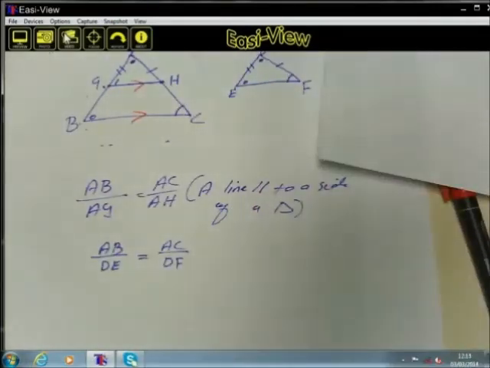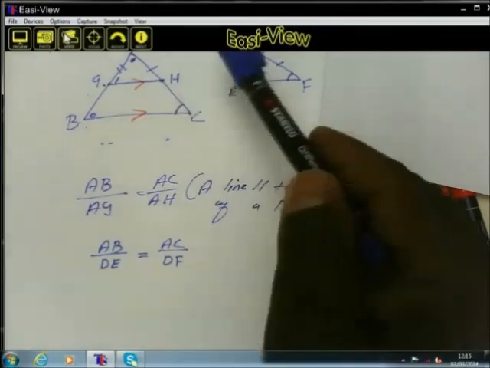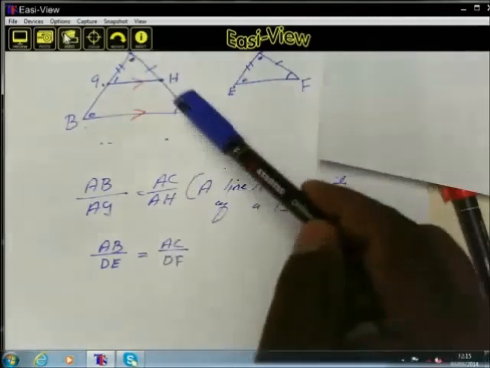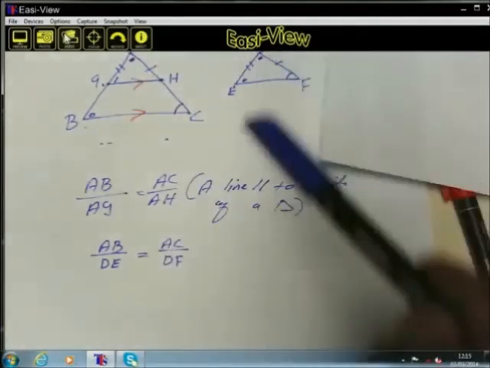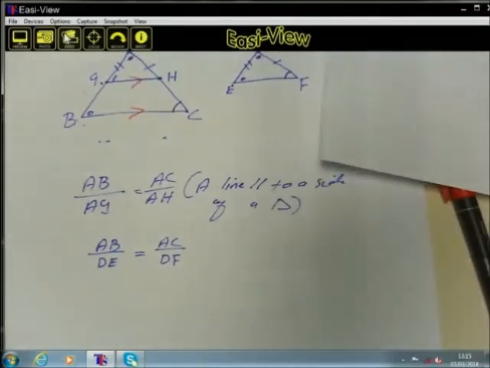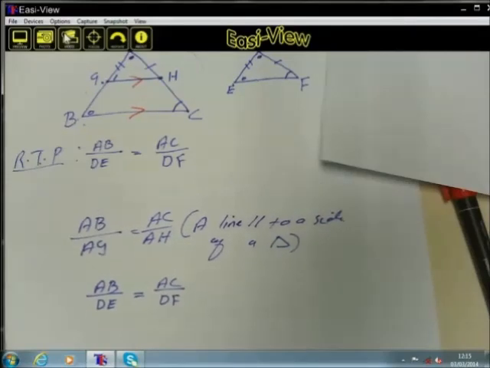Remember, those two triangles were equiangular. Now we have proven that if they are equiangular, their sides are also in the same proportion. That is the proportionality theorem, and I think that was the required to prove part.